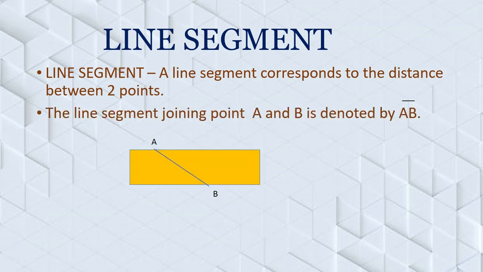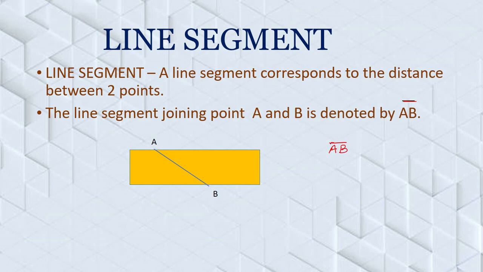The line segment joining points A and B is denoted by AB, and as you can see there, this line is denoted by A, B and then this mark. What is the meaning of this mark?